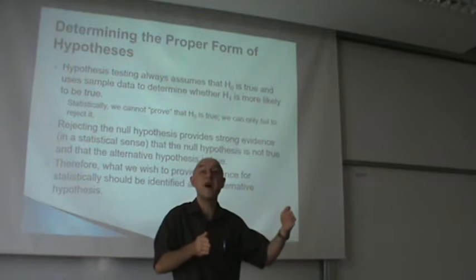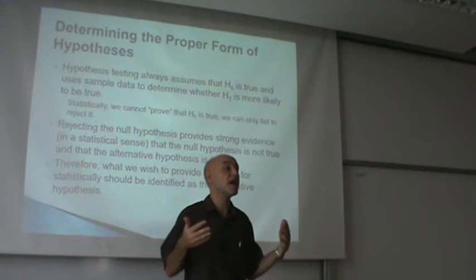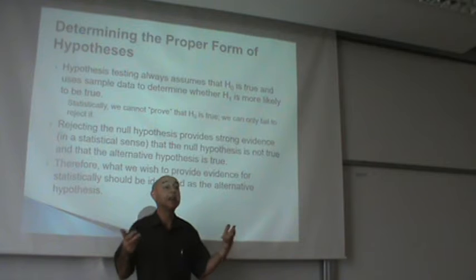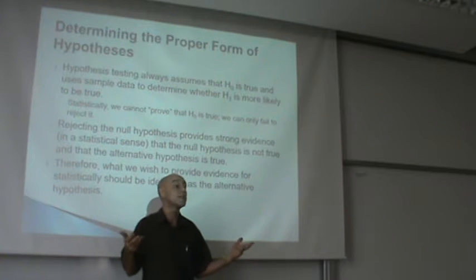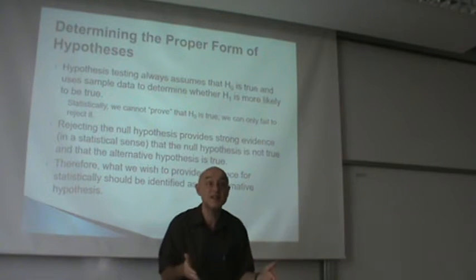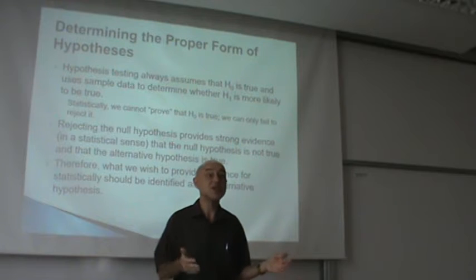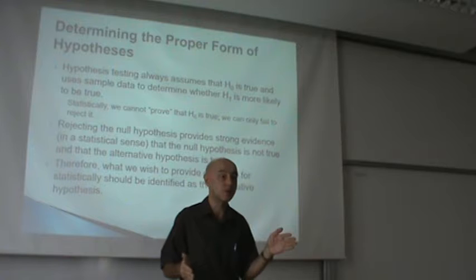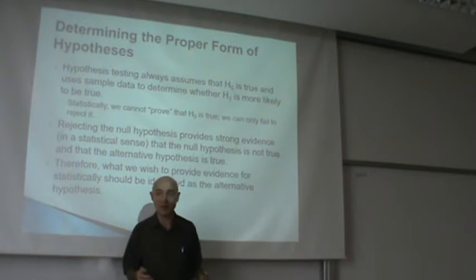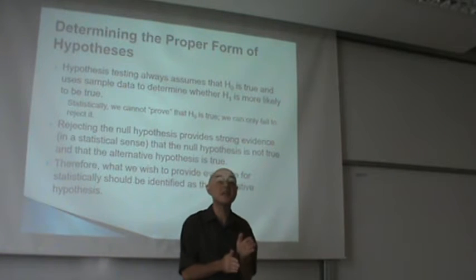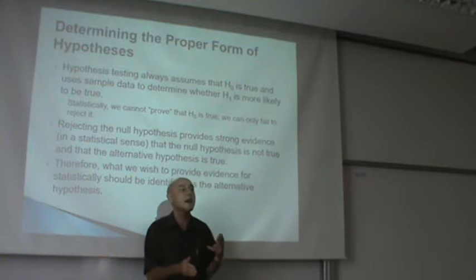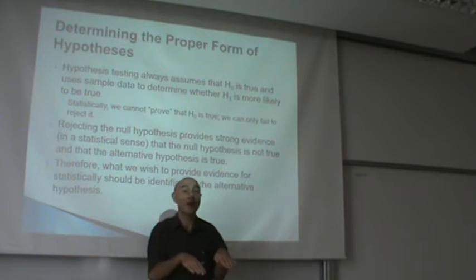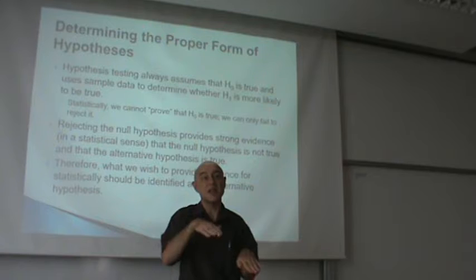Somehow you want to find the difference. If you find the difference, you're like 95% or 99% sure that this difference is significant. So in general, you try to look for differences, and that's how we design the null hypothesis.